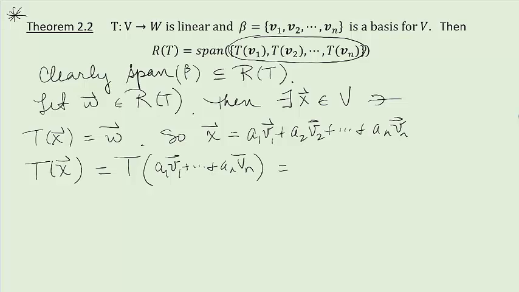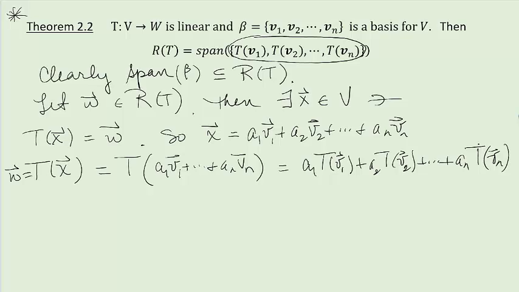And since T is linear, that is a1 times T of v1 plus a2 T of v2 plus a sub n T of v sub n. And that's exactly what we wanted to show, that W is a linear combination of the images of the vectors in beta.